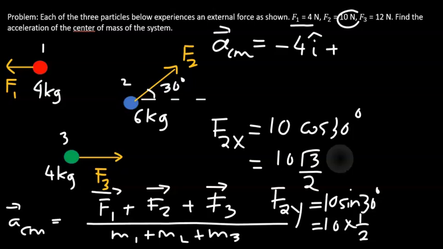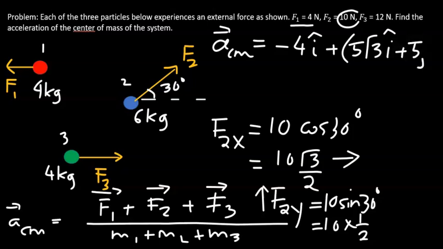So the x component goes to the right, the y component goes up. Substituting these numbers, you get 5 square root 3 i hat, that's the x component, plus 5 j hat, which is the y component.